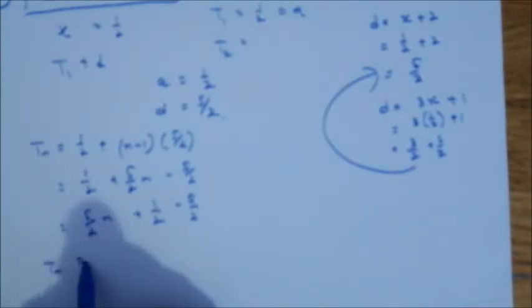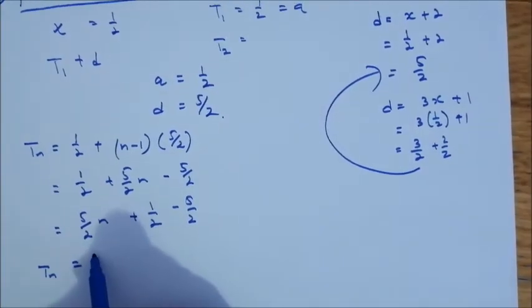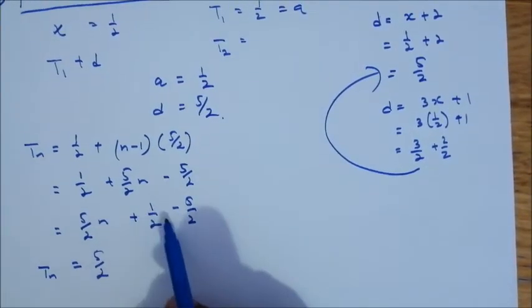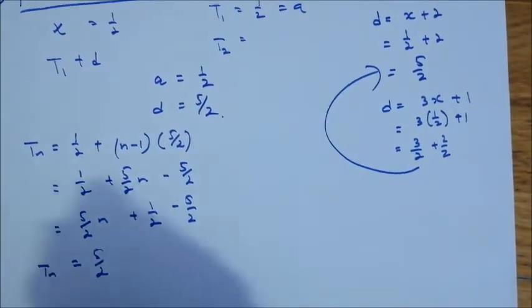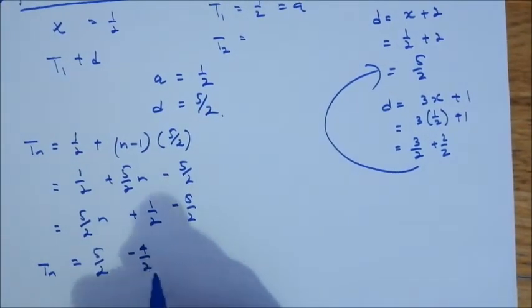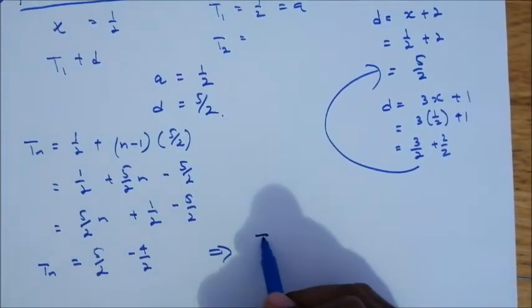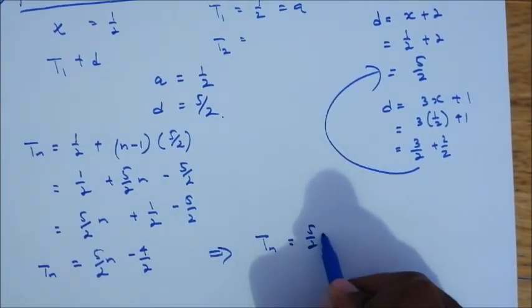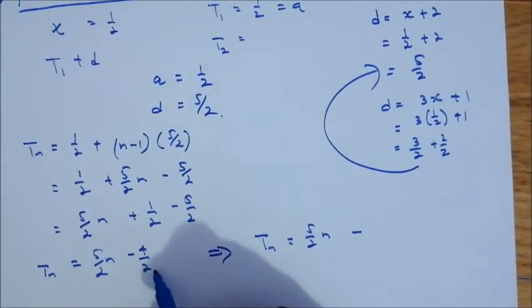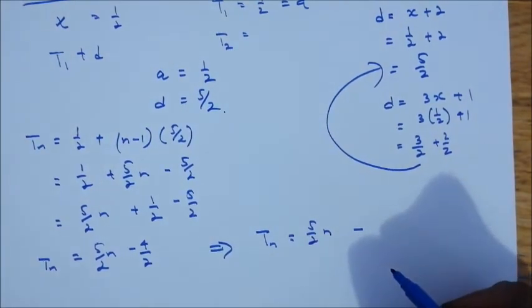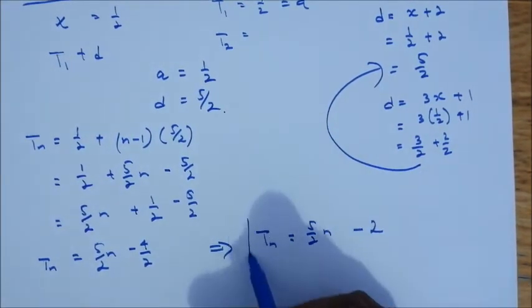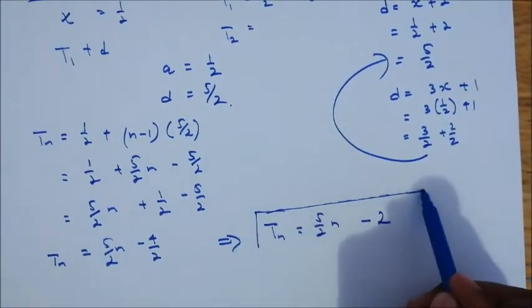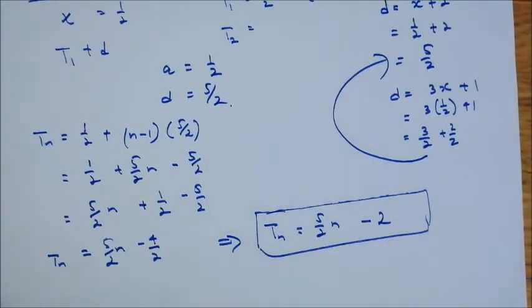So we are almost there, guys. So 1 minus 5, that's negative 4 over 2. So finally now our Tn is 5 over 2n minus negative 4 divided by 2, that's negative 2. So this is our Tn, guys, right here. Our Tn is 5 over 2n minus 2.